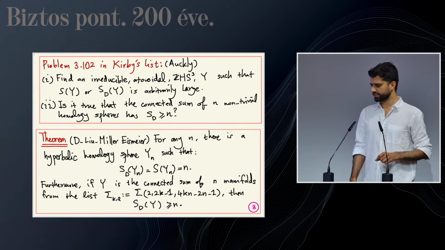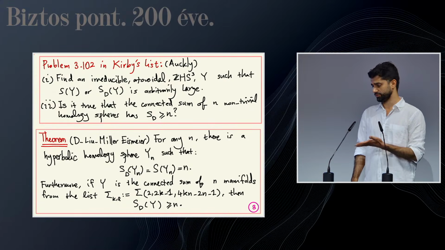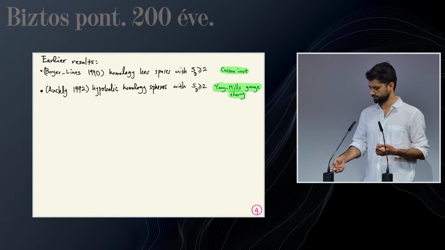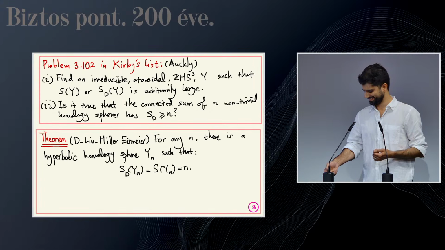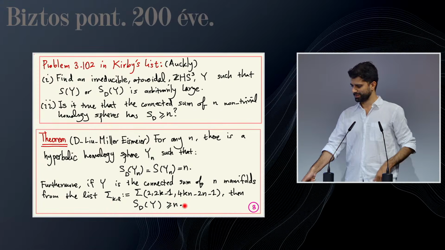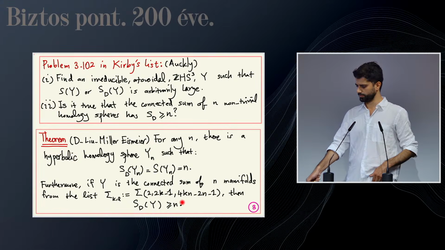And we can say something related to the second part. It's by no means close to addressing the second part, but, for instance, if the three-manifolds that you're taking the connected sum of are from this list of Brieskorn homology spheres, and there's a typo here, this is Sigma(K, L, ...) and here n has to be L. So you're taking Brieskorn homology spheres with these three parameters.